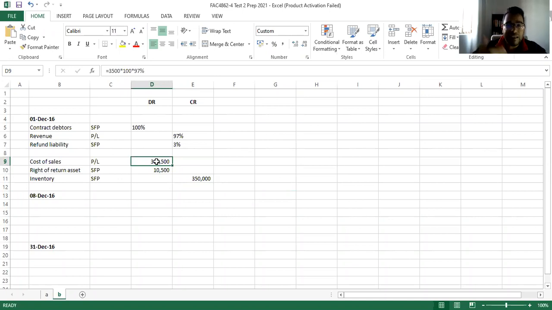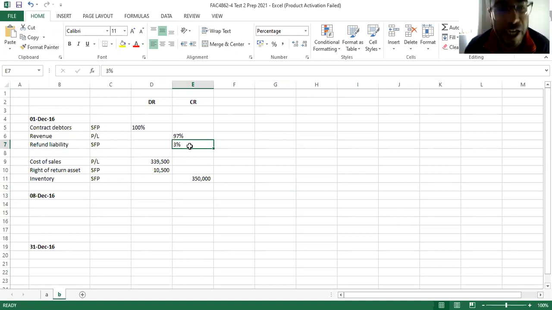But because there is a refund policy, we can only recognize revenue and cost of sales to the extent that we expect a sale to take place. So we expect 3% to be returned. As a result, the fair value of revenue should only represent 97%, what we expect to be a sale. So that's important.